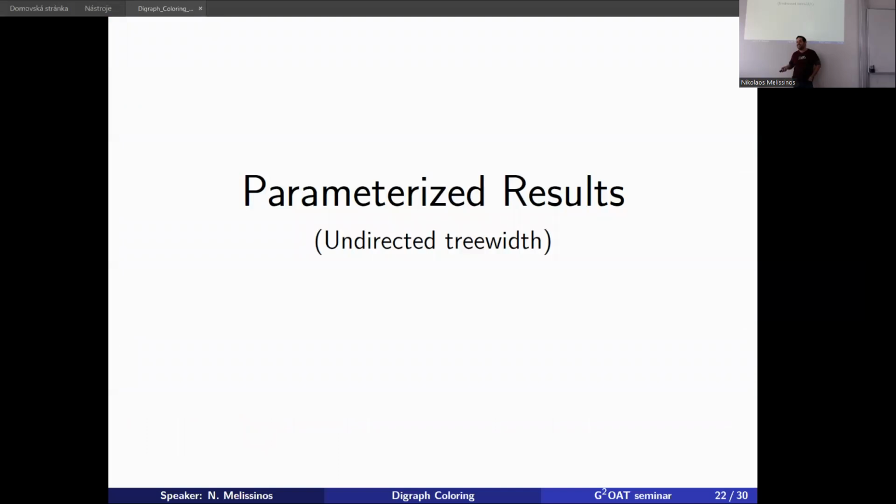Because we failed to find a directed parameter related to acyclicity in order to put the problem in FPT, we decided to consider the treewidth of the underlying graph.